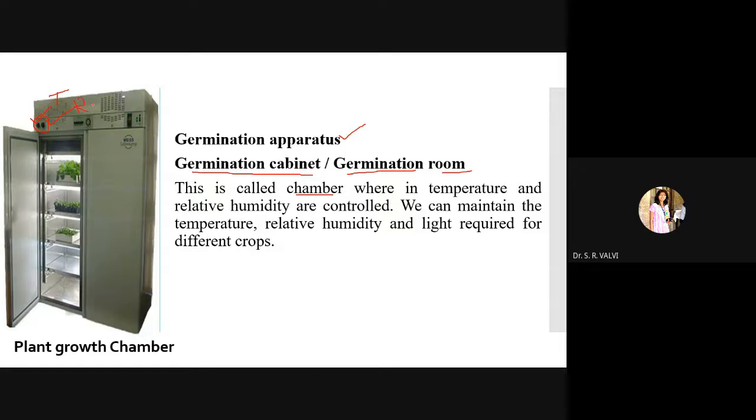You set the temperature and relative humidity as per the requirement of the different kinds of seeds. Here we can maintain the temperature, relative humidity and light required for different crops. So this is the plant growth chamber.